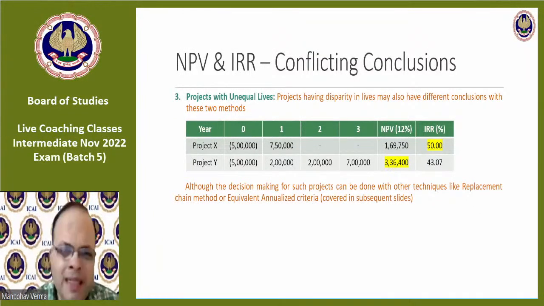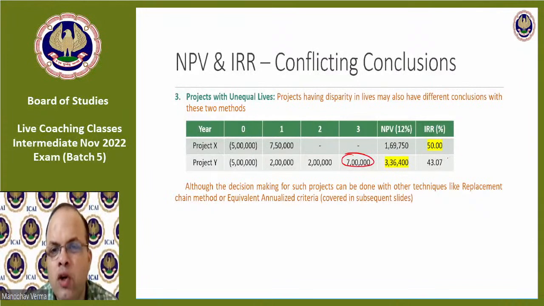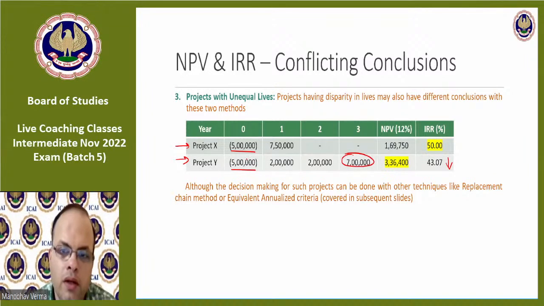But I think this resembles the example where I was talking about heavy inflows in the later years. That project is definitely not recommended by IRR, but definitely yes by NPV. And this is a perfect classic example where both the projects have an initial 5 lakhs outflow, Project X also, Project Y also. So in terms of risk, you're getting all the funds in the first year, but you're ignoring that the other projects are actually profitable in the long run.